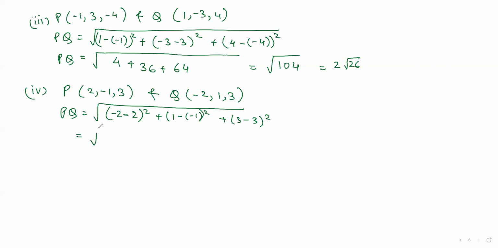This is equal to minus 4 square, which is 16, plus 1 plus 1, 2 square, 4, plus 0. This is root of 20, and 20 is 4 into 5, so 2 root 5.